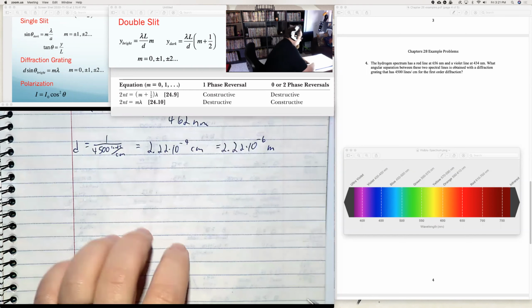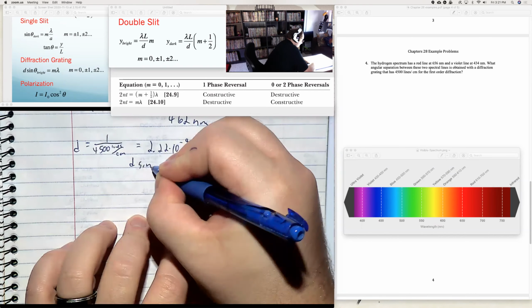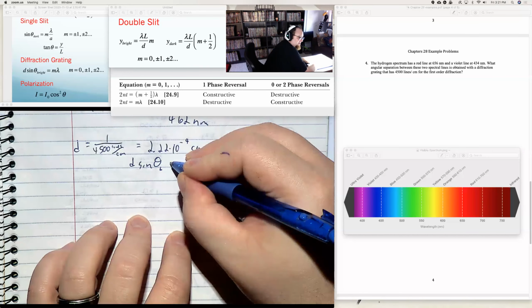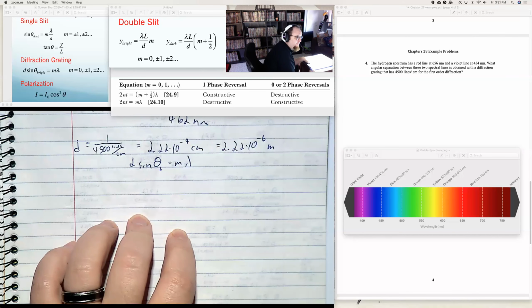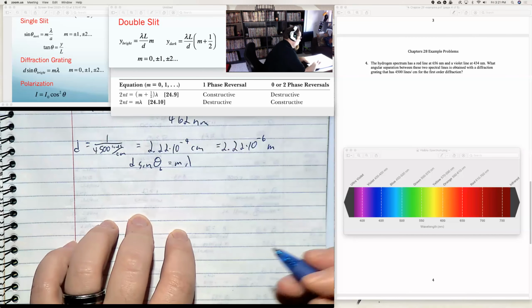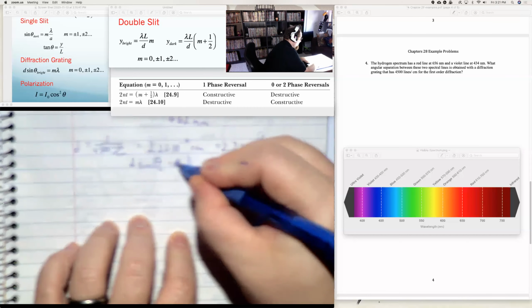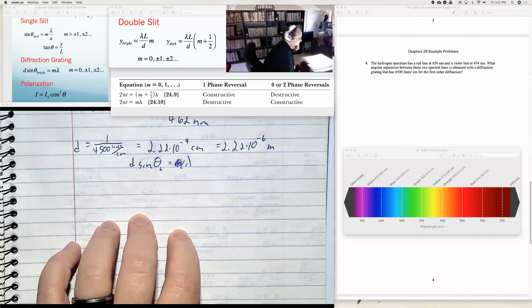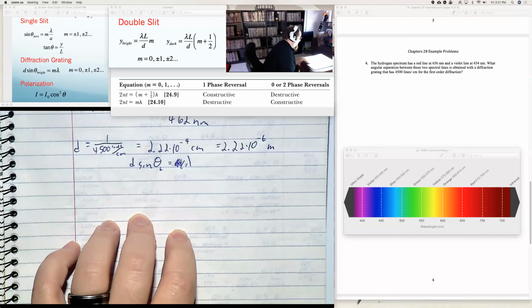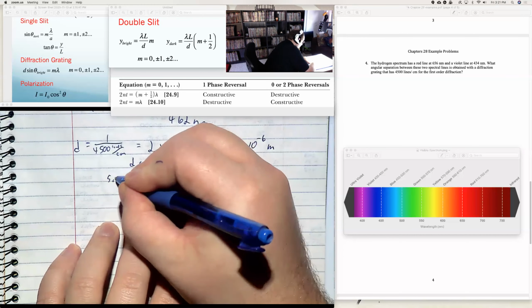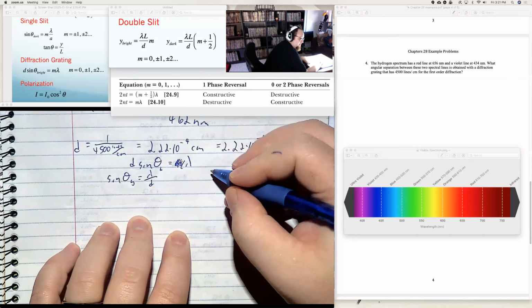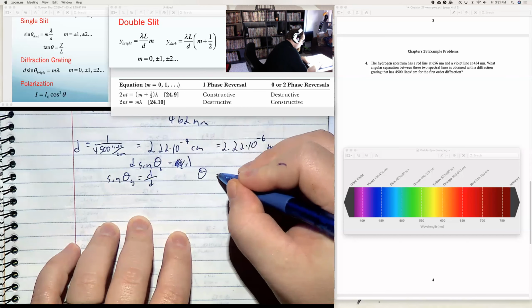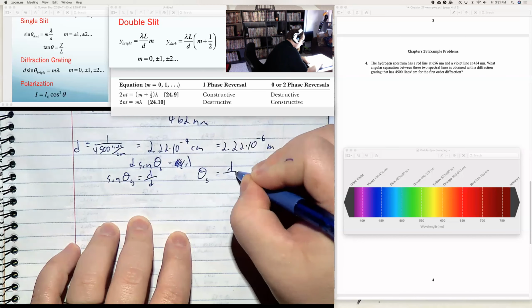Now, for a diffraction grating, d sine theta bright equals m lambda. This said first order, so m equals 1. I'm just going to ignore my m because m equals 1. That means the sine of theta b equals lambda over d, and therefore the angle is the inverse sine of lambda over d.